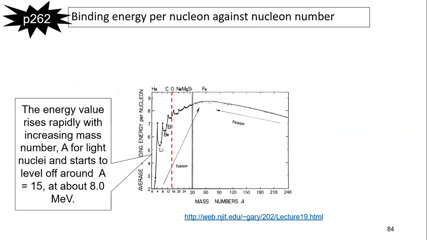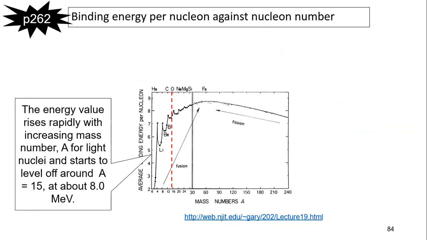So we can see the energy value rises rapidly with increasing A at this part there. It starts off from almost 0, increasing to about 15 here, then starts to increase less. Initially very fast.